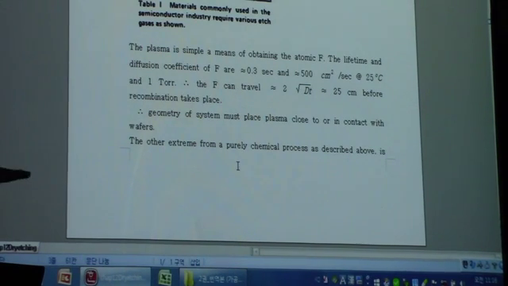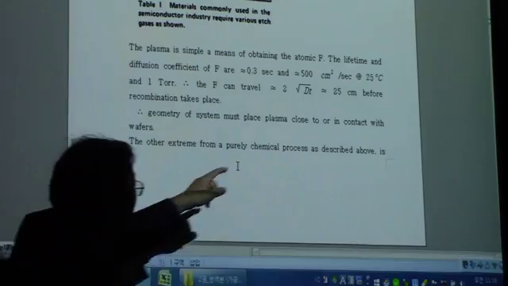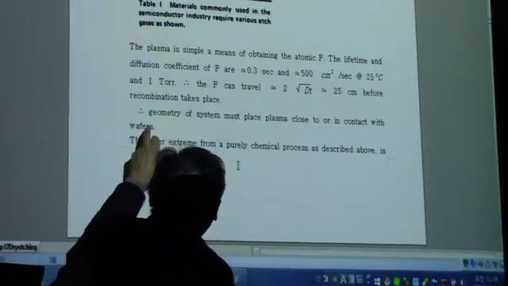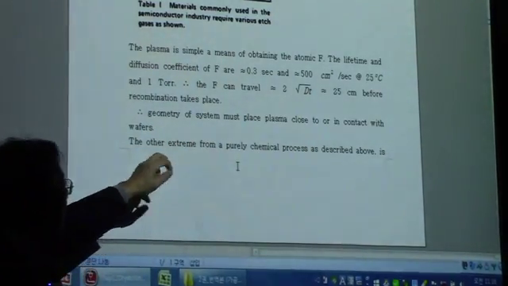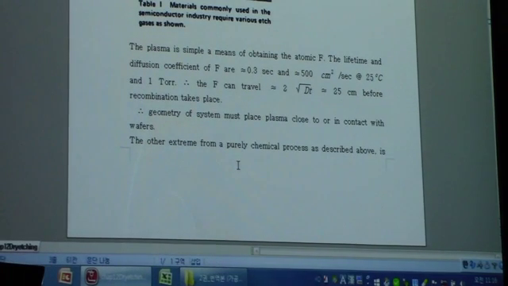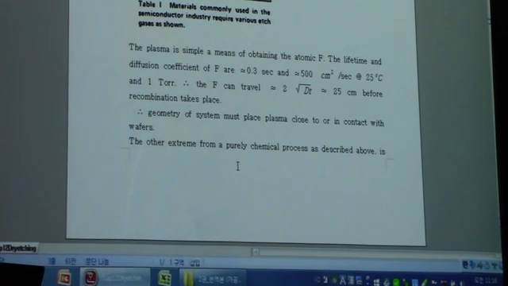So the plasma and the substrate to be etched, the distance has to be within 25 centimeters. That is the point here. Geometry of a system must place the plasma close to or in contact with wafers.